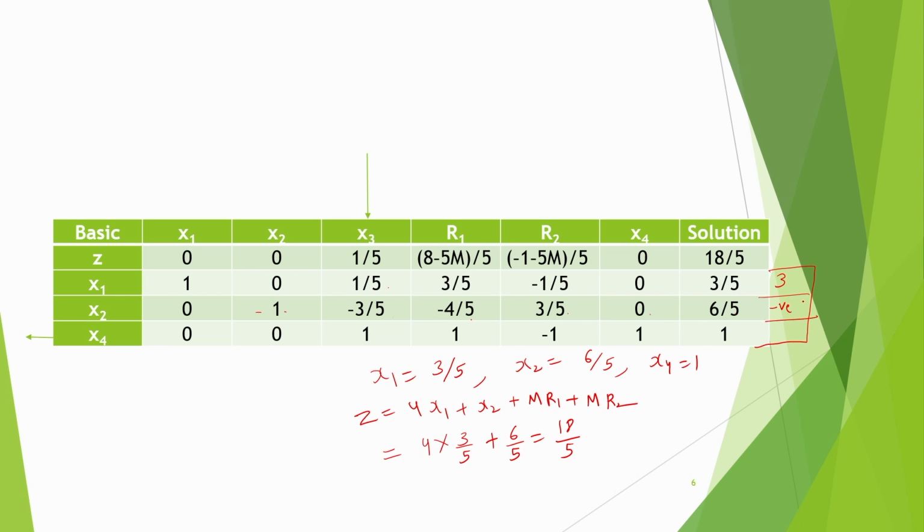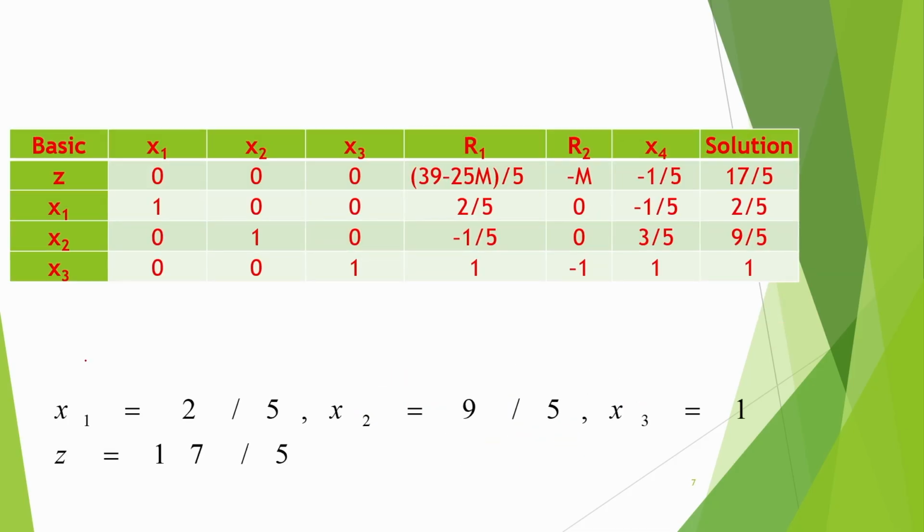We will not consider negative or infinity, and this is 1. So among them 1 is the lowest value, the minimum ratio is 1. So x4 becomes the leaving variable. So remove x4 and bring x3 here. We have brought x3 here, and this becomes the pivot row, and the coefficient is already 1.